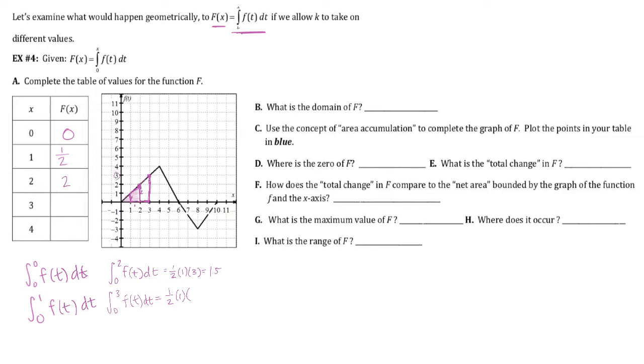I don't know if y'all have connected that yet, but that gives us our base lengths. The distance on the x is the height, which is 1. So we're going to have 1 times the sum, which is 3 and 2, which is 5, so 5 over 2, which is 2.5.